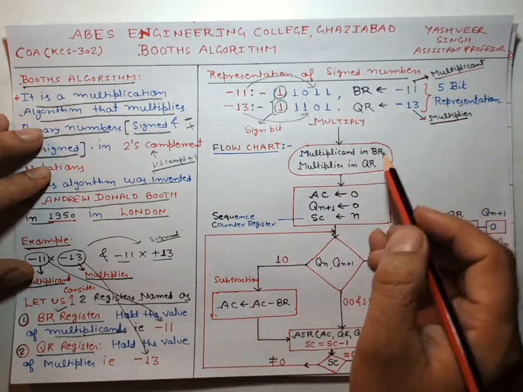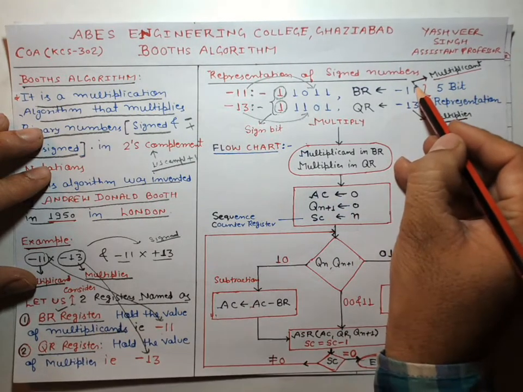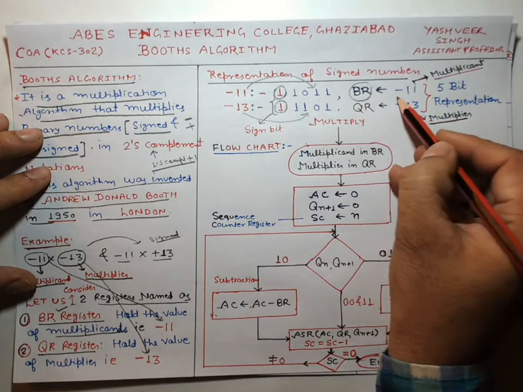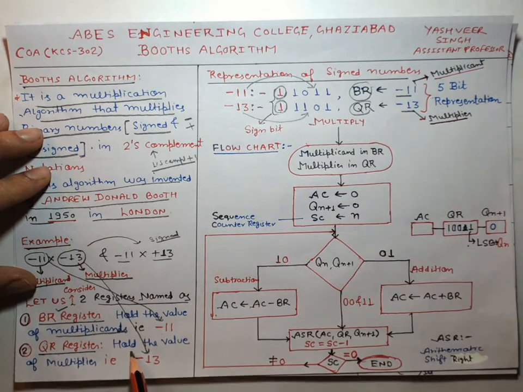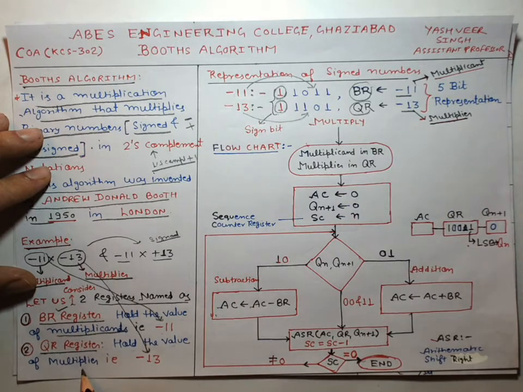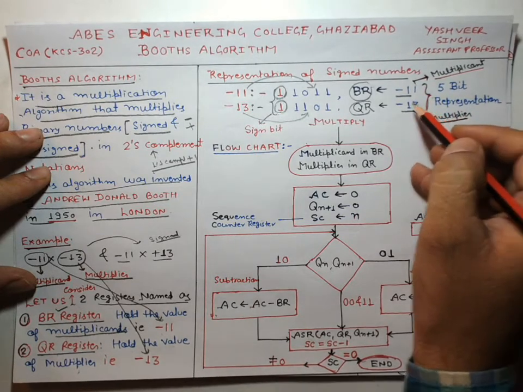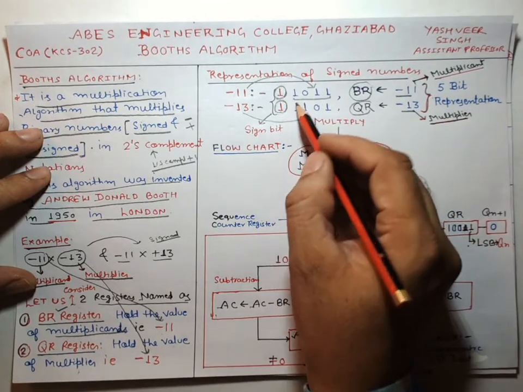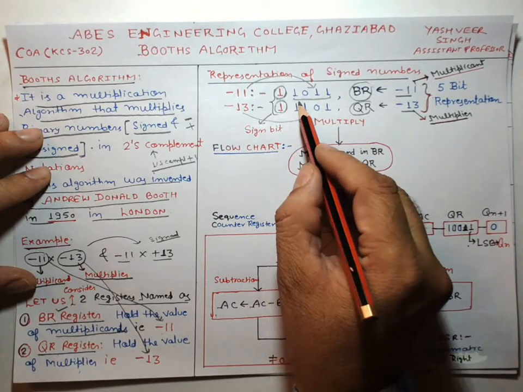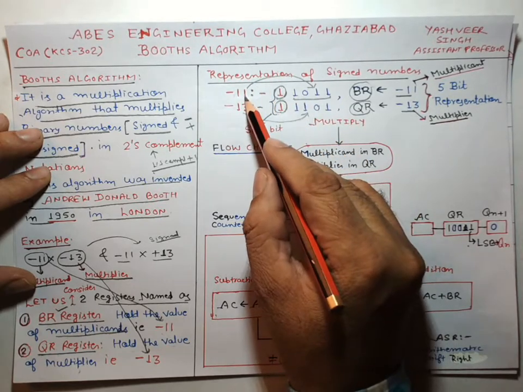BR holds minus 11, and QR holds minus 13 because the QR register holds the multiplier. This is the 5-bit representation: the binary number in 4 bits plus the sign bit. The complete number is represented by 5 bits, 1 sign bit and 4 bits for the binary number.